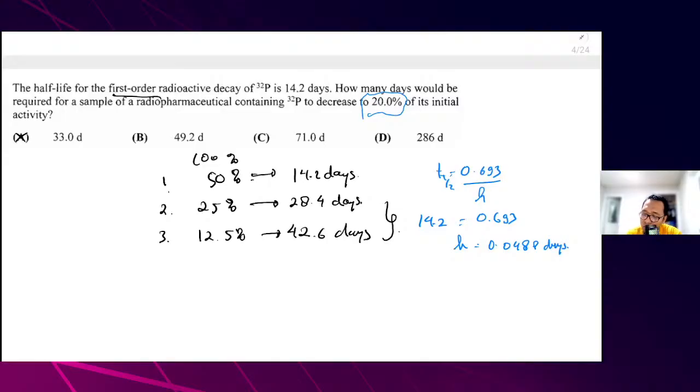Right? Now we want to use ln. The initial amount is 100, the final is 20, and then k is 0.0488 times the days. Let's take a look at the answer. ln 5 is 1.609.